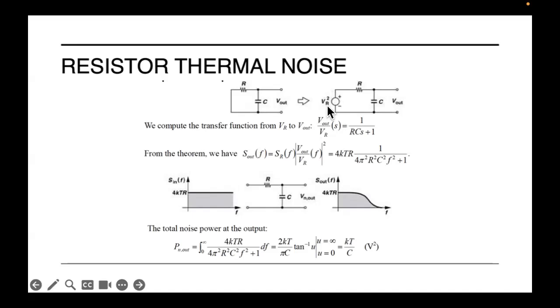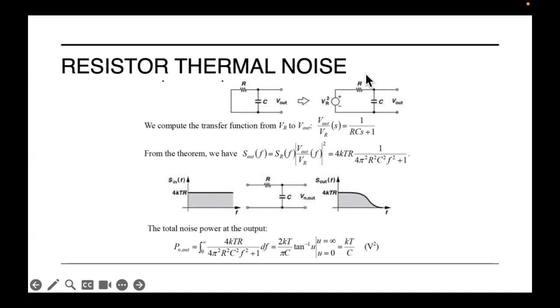And now this power spectral density is input to this filter. If we consider the process from the time domain, it will be a convolution process. If we consider it from the frequency domain, it will be a multiplication process with what we can call the transfer function of this filter.